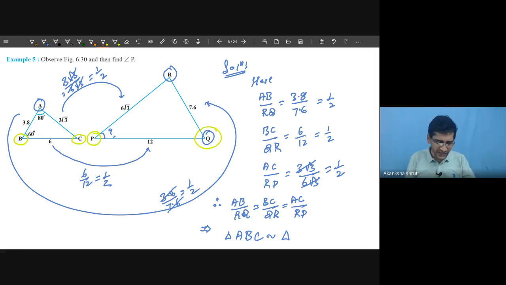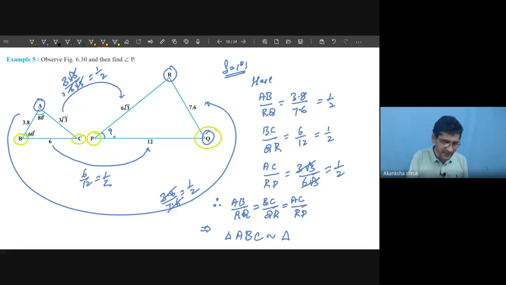From these two ratios, we are concluding that here we are getting Q getting matched. So what is the left one?